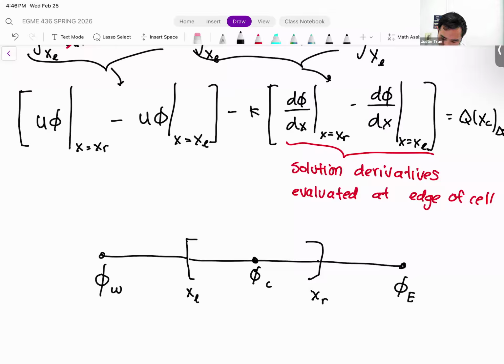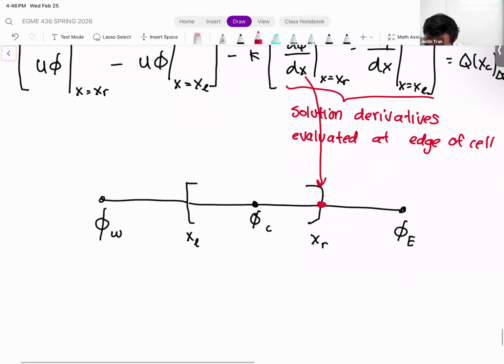Okay, so we know how to evaluate these derivative quantities because they're evaluated at the edges of our cell, right? So for instance, d phi/dx at x sub R is evaluating that derivative at that location there. And the way that we're going to do that is using finite differences. So this is going to be phi sub E minus phi sub c, all divided by delta x.